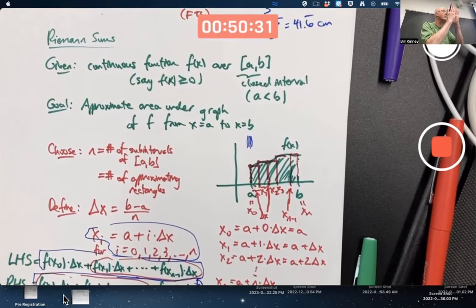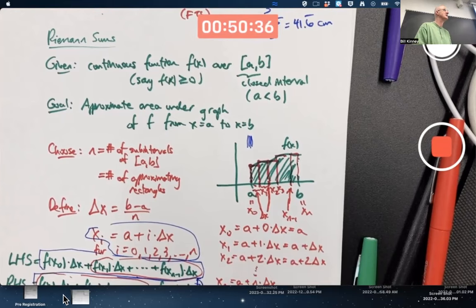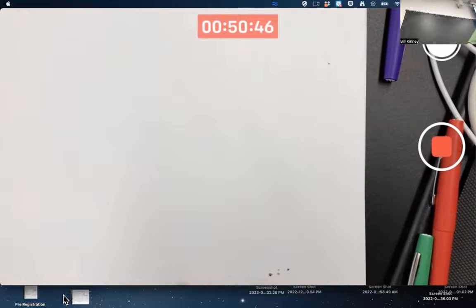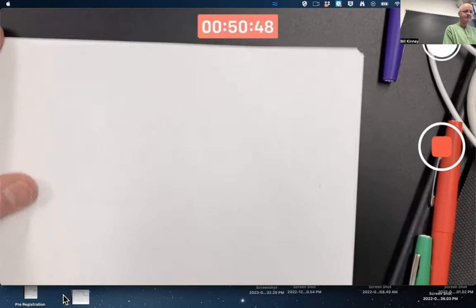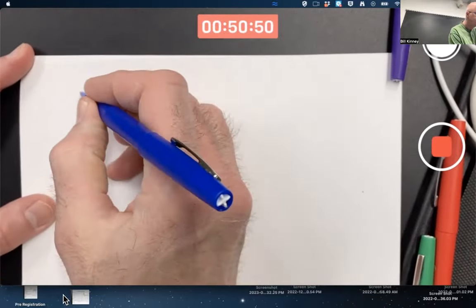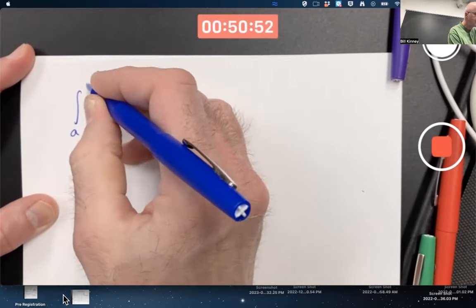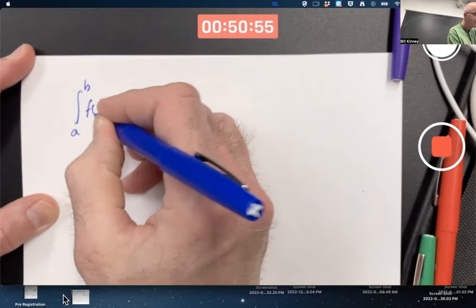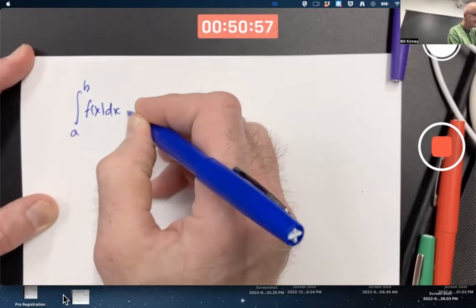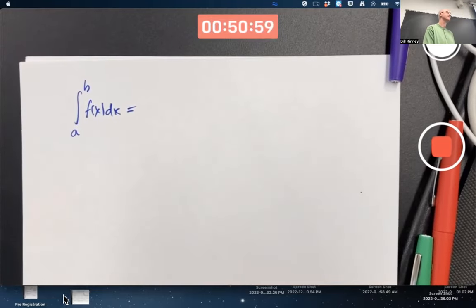As you have more and more rectangles that are skinnier and skinnier, giving you a better approximation to the area under the curve, the definite integral is the limit of such Riemann sums. You can write the integral from a to b of f of x dx as a limit.